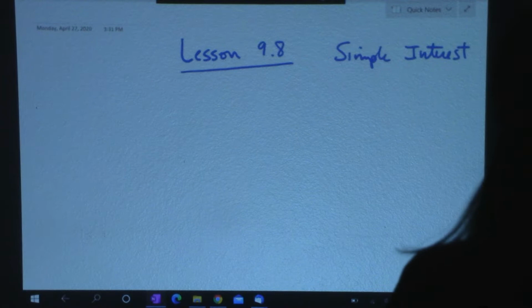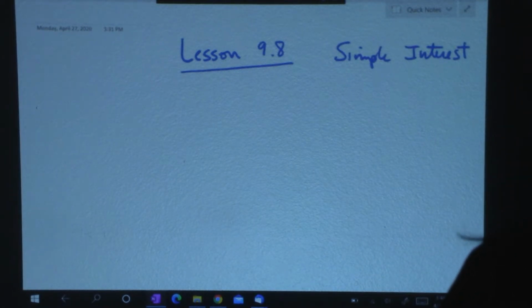Okay, so if you have a bank account, and you put money in it, in a savings account, you will receive money from the bank. Your money will earn money for you, and that money that you earn is called interest. I'm going to read a problem, and then we'll learn all about the different parts of what interest is.